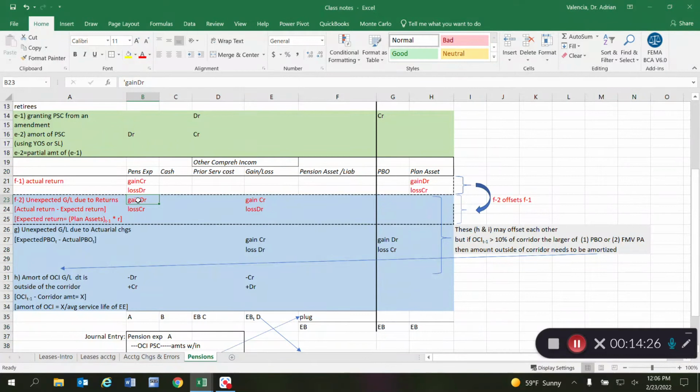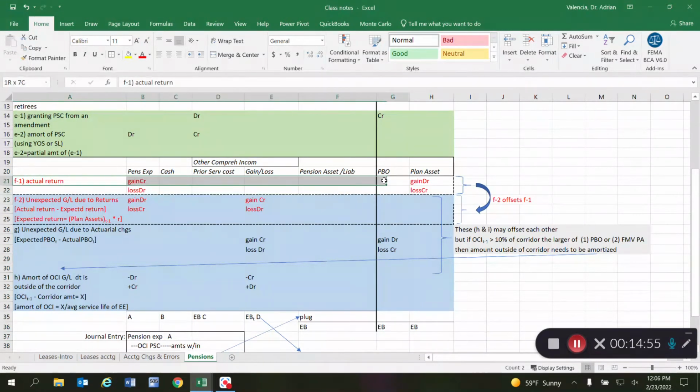I'm going to take it out of there and put it into a credit to OCI. And that's what we're doing here. So when you first look at this, you say, well, why am I going to debit because of a gain? It might seem counterintuitive to look at it on its own. But the idea is that when you're doing this debit, you're reversing the unexpected or surprise component so that you can put it in OCI.